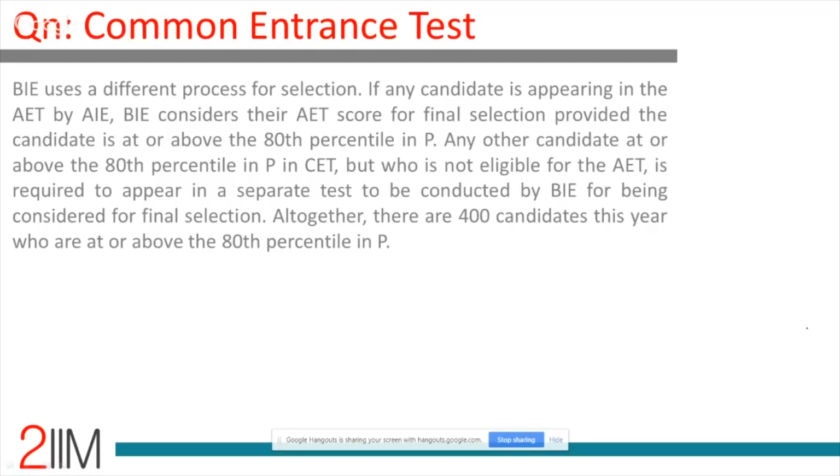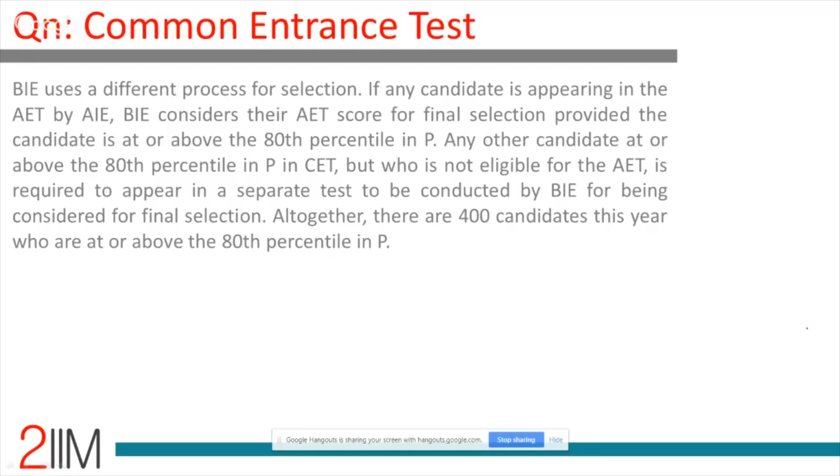So I presume BIE is a physics-based institute. Basically saying if you're qualified for the AET, you're good enough, and you've got 80th percentile in P, you're good enough in physics, then you do not need to take another exam that I'm providing. I'll just take that score and you're through.